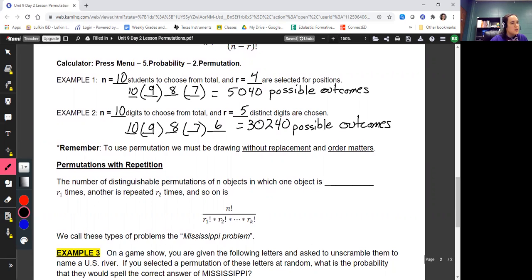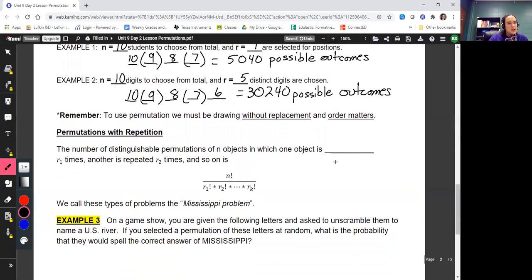Okay, so all of those were drawing without replacement and where order matters. Next up, we are looking at permutations with repetitions. So we have repeated numbers or letters that we need to deal with. So one of the most common problems, which is what these are named after, is the Mississippi problem.